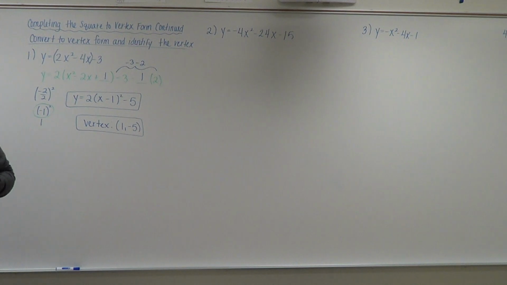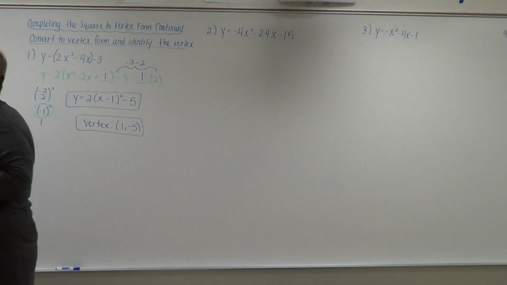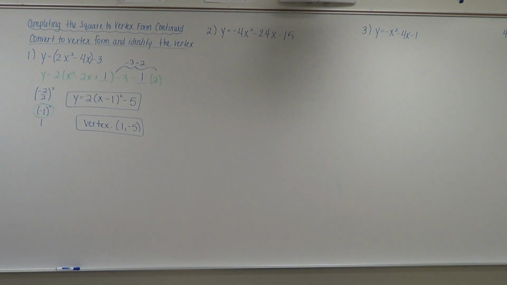Does anybody want to volunteer to do number 2 on the board? Would you do it after you factor out a? Does anybody that did number 3 want to volunteer to do it on the board? You want to do green or blue? Your choice. Okay.